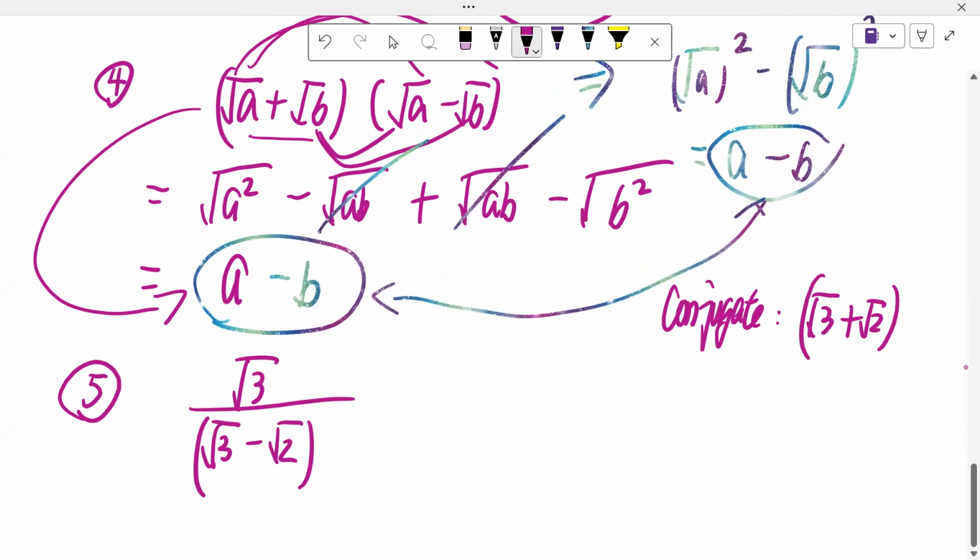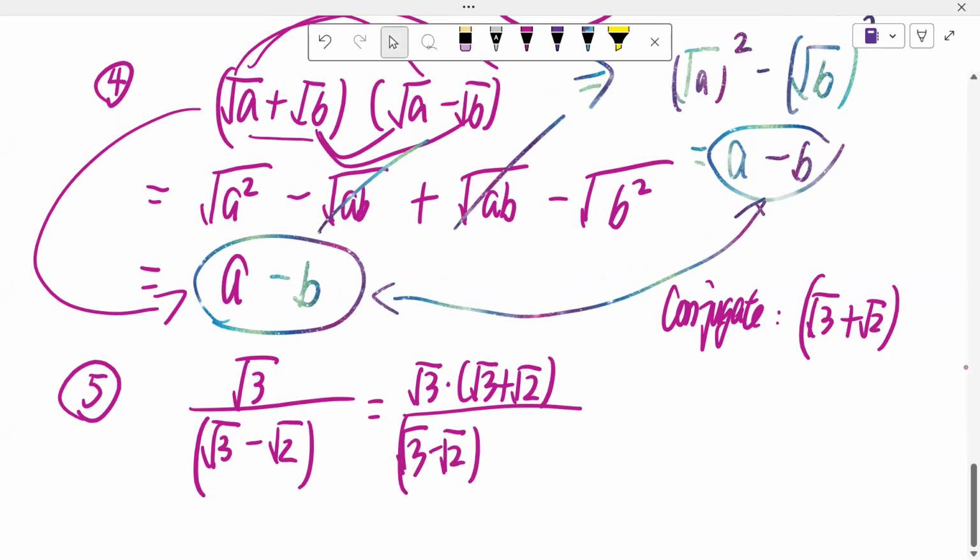That being said, we multiply both top and bottom by the conjugate. So for the top, we multiply radical 3 by radical 3 plus radical 2. And the bottom, we get radical 3 minus radical 2 times radical 3 plus radical 2.